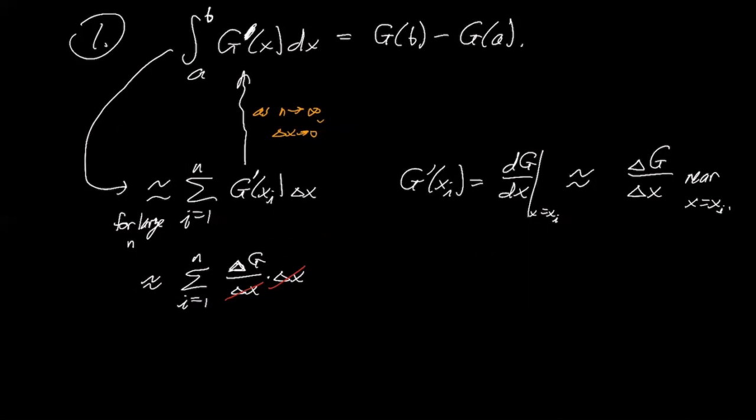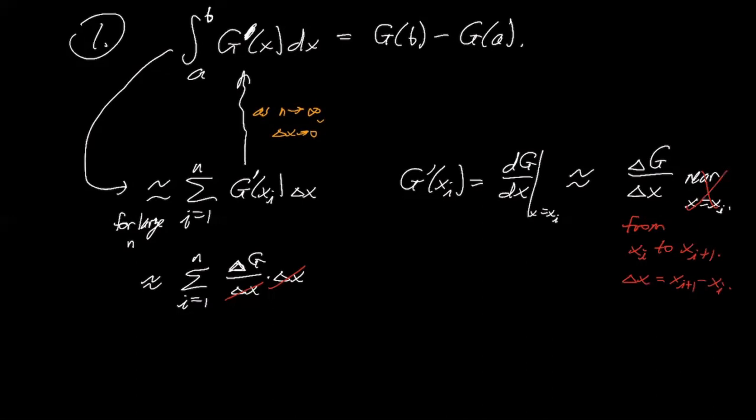I could say something stronger than near x equals x sub i. That means a little tiny interval, but our intervals go from x sub i to x sub i plus 1. Delta x is x sub i plus 1 minus x sub i, the difference between two consecutive points, like x2 minus x1 or x3 minus x2.